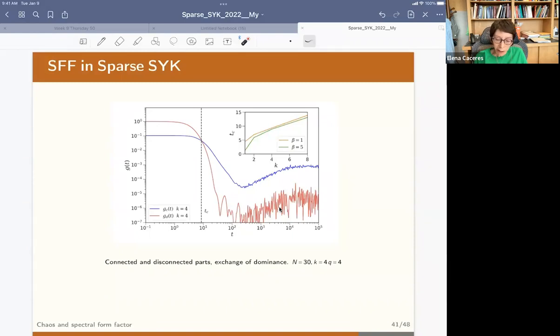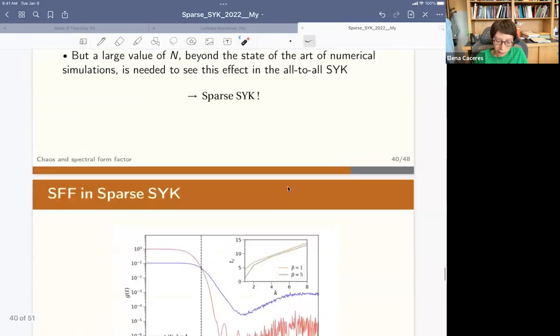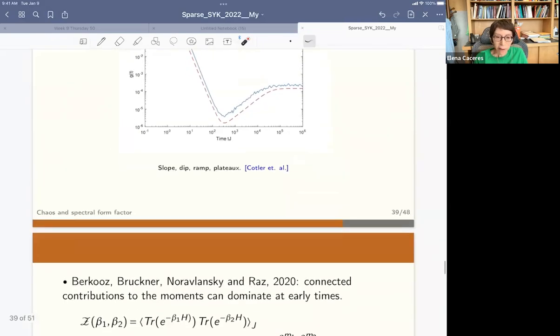Yeah, so essentially you could go to the paper of these guys, right? If you look at their results, first of all, we had to make sure that their results go through in the sparse SYK, right?